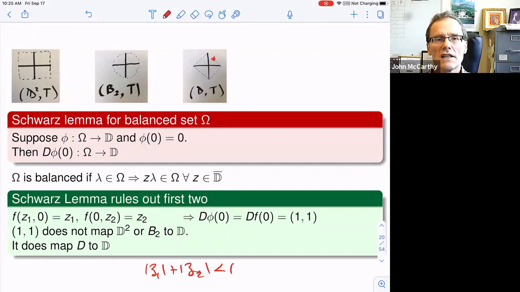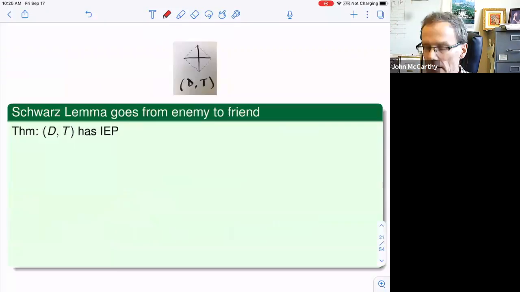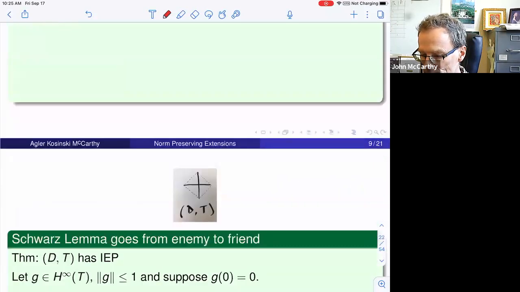So the Schwarz lemma doesn't rule out the diamond. And in fact, you can use the Schwarz lemma to prove that the diamond with these two cross disks in it does have the isometric extension property. And it's a simple proof, so I'll give it to you.